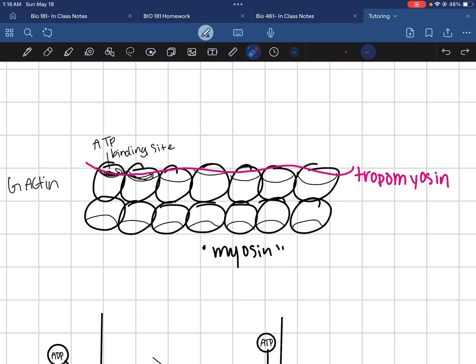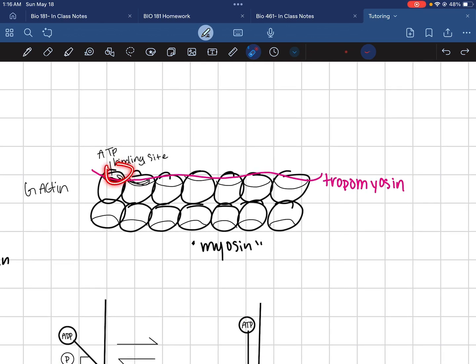So each F-actin is formed by 2 strings of G-actin. And then the G-actin has a binding site, which is like these little parts right here. It has a binding site for ATP. And then these binding sites are basically a binding site for myosin. And then tropomyosin extends over the entire F-actin filament and covers myosin binding sites.